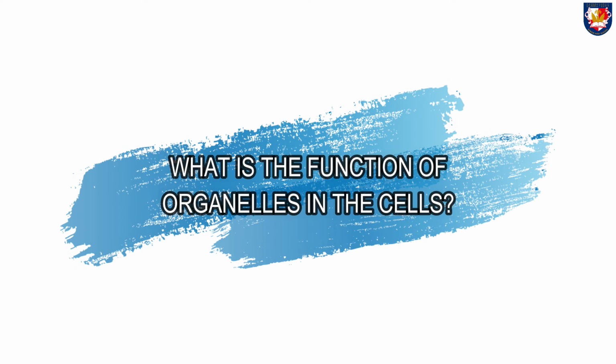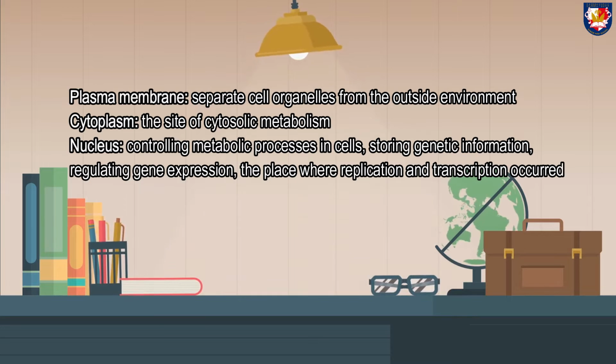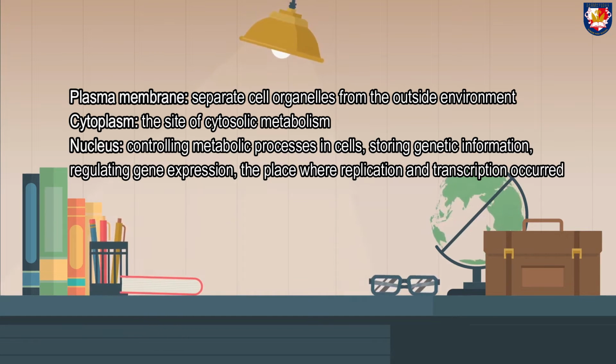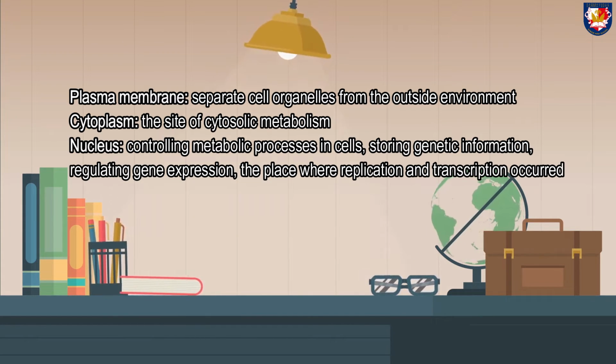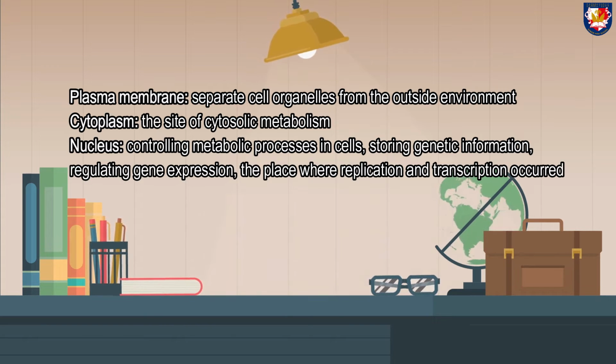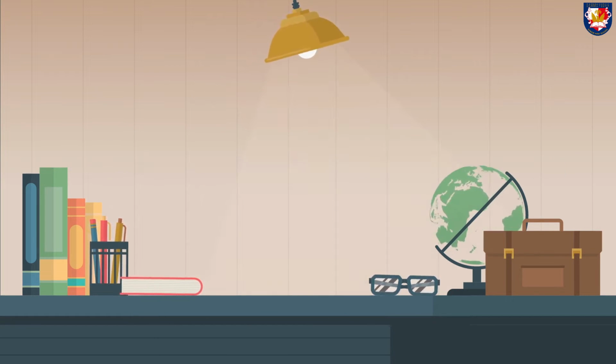What are the functions of organelles in the cells? Plasma membrane is used to separate cell organelles from the outside environment. Cytoplasm is the site of the cytosolic metabolism. Nucleus is used to control metabolic processes in the cells, store genetic information, regulate gene expression, and is the place where the replication and the transcription occur.